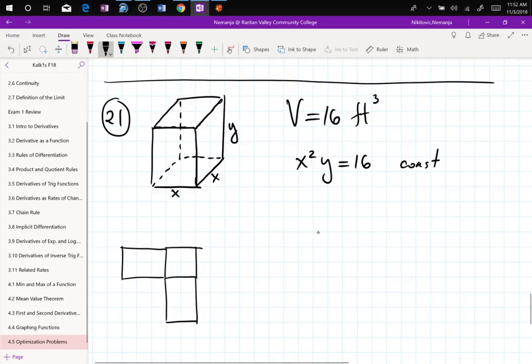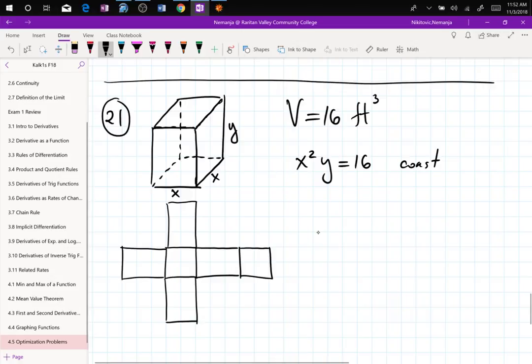So I'm going to unfold my box. When I open up my box and lay it flat on the ground, I see the base in the middle, and then I have the top attached all the way to the right, and I have 4 sides.